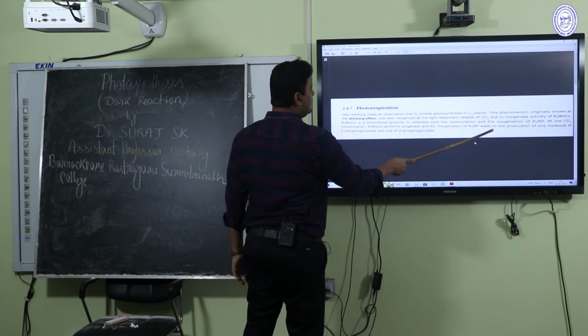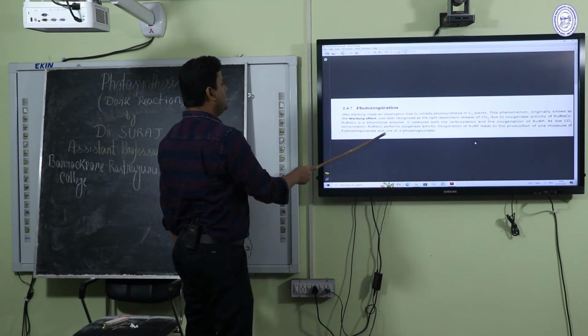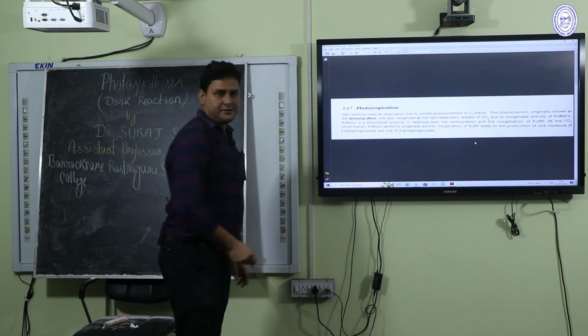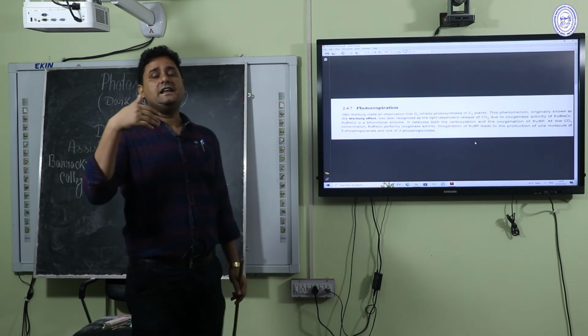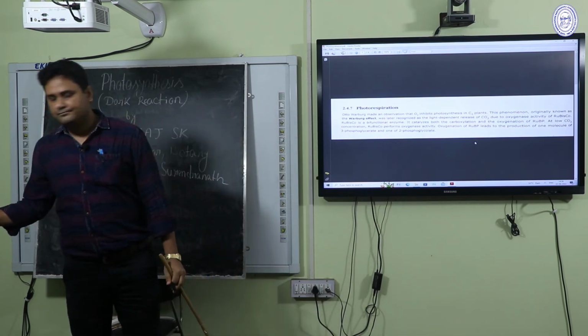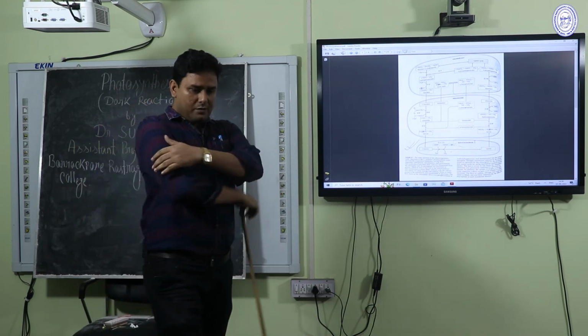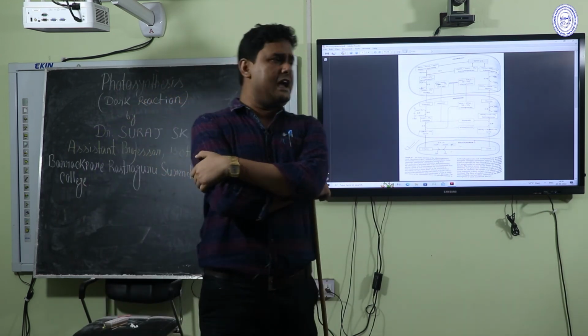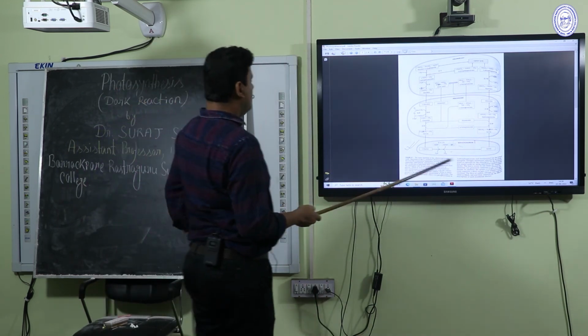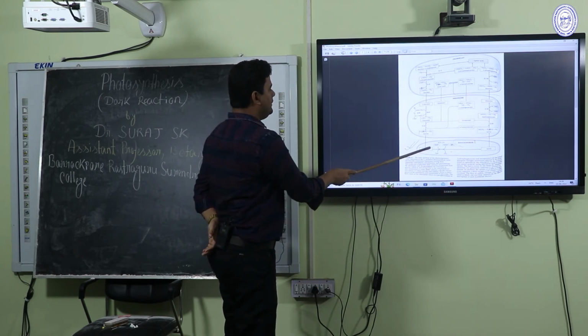Oxygenation by Rubisco leads to the production of one molecule of 3-phosphoglycerate and one of 2-phosphoglycolate. Now what happened in this reaction? First of all, I want to mention that photorespiration requires 3 cellular organelles.